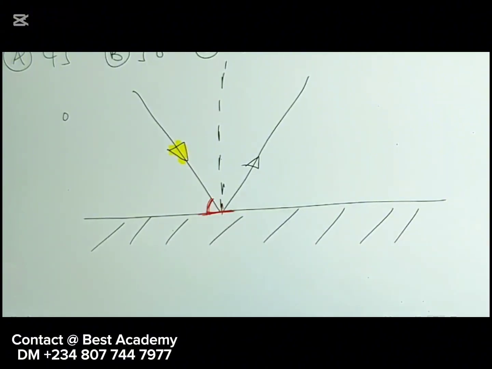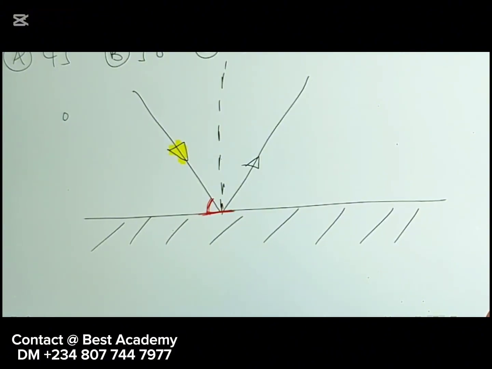Okay, why? The reason is this: whenever you are given a question under reflection of light and the ray angle is given to you, that ray angle will be acting as glancing angle. But if the angle given to you is said to be the incident ray angle, that means that angle should act as incident angle. Please take note.